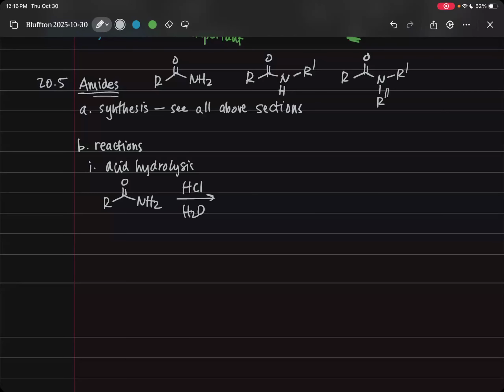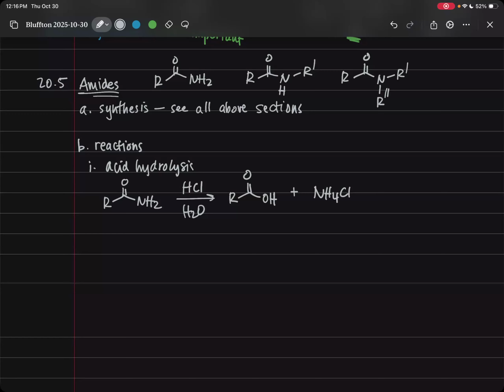That reaction is reversible, right? We can go both directions. This reaction here for the amides is not reversible, and here's why. We are going to make a carboxylic acid, maybe not a surprise there. But the side product is a salt, ammonium chloride.